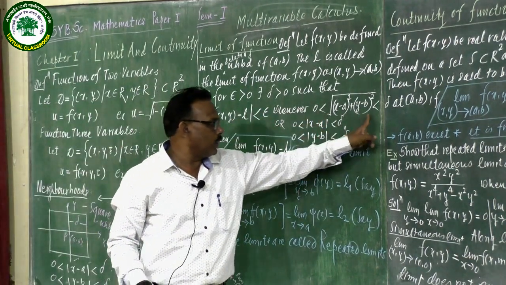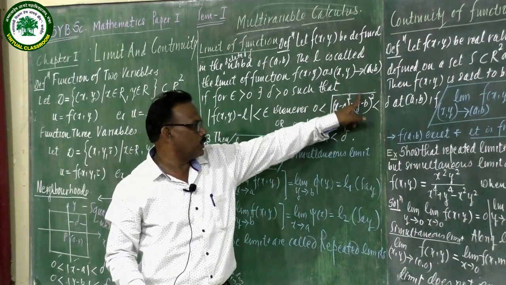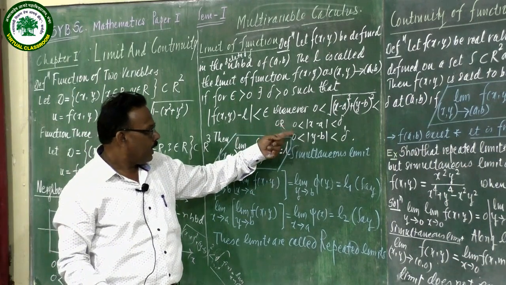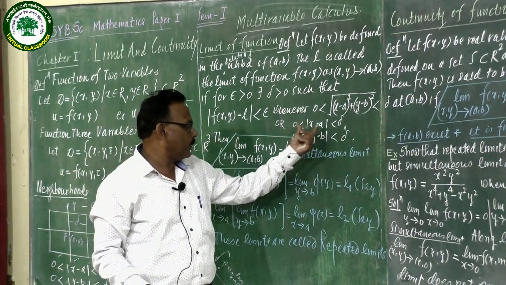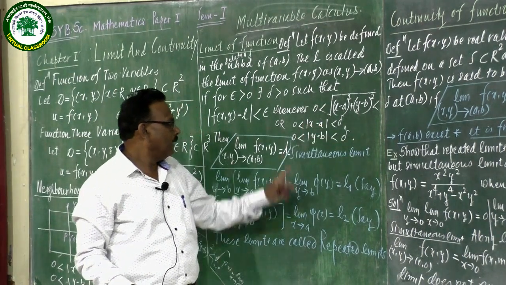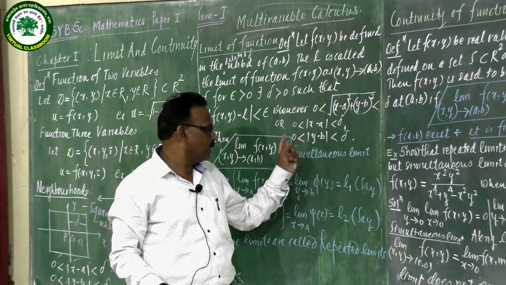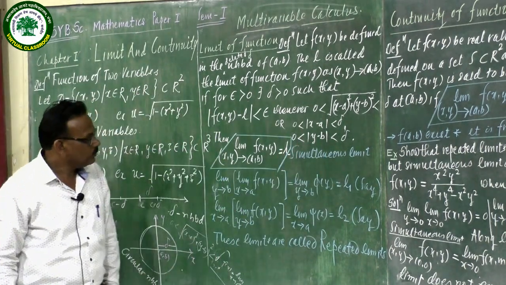This is called a circular neighborhood, that is 0 is less than root of (x minus a) square plus (y minus b) square is less than delta, or in a square neighborhood, along the x-axis 0 is less than mod of x minus a is less than delta, along the y-axis 0 is less than mod of y minus b is less than delta.